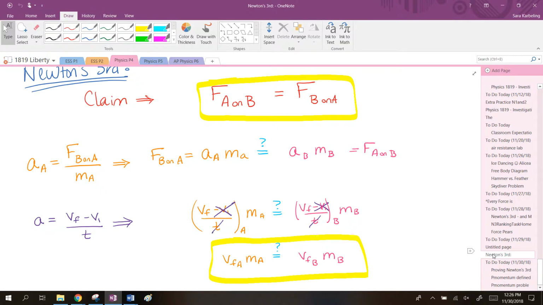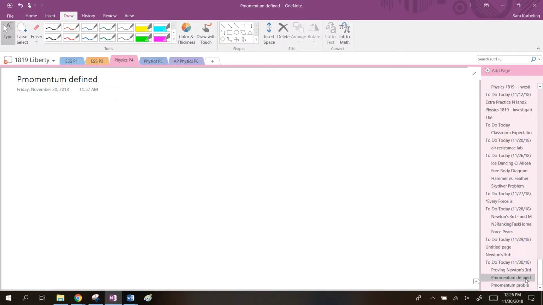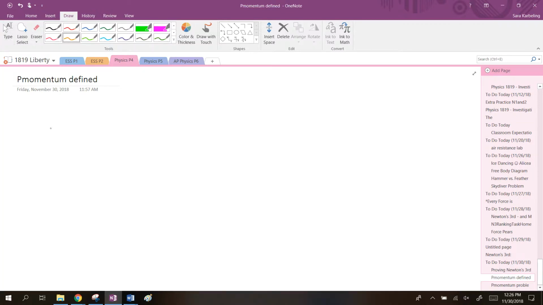That's super exciting. The other thing that we have discovered here, without even really saying it, is a new quantity. I want you to write this quantity down because it's a really important one in all of this material. The quantity is called momentum. The P is silent, okay?